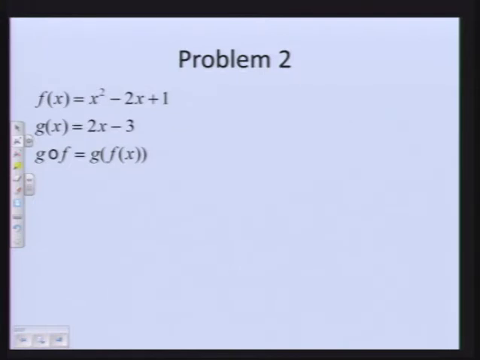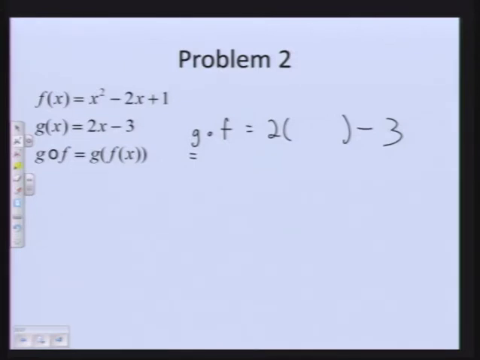Now, that means when I write g circle f, I write the structure of g first. Since it's first, it's the dominant one. It's going to determine the structure of the answer.